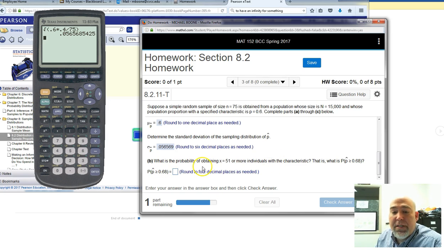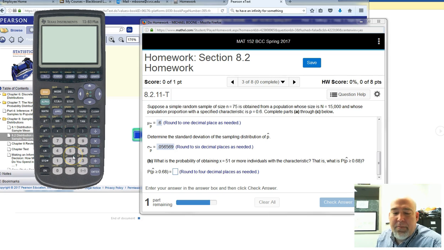So now we're looking at the probability of obtaining x equals 51 or more with the above characteristics. Now, they got 0.68. So where did this 0.68 come from? Well, to figure out a p-hat, it's x over n. If I'm looking at 51 out of the 75, that would determine my p-hat.